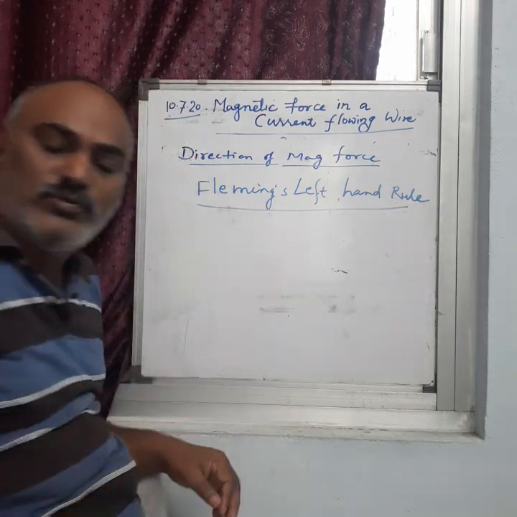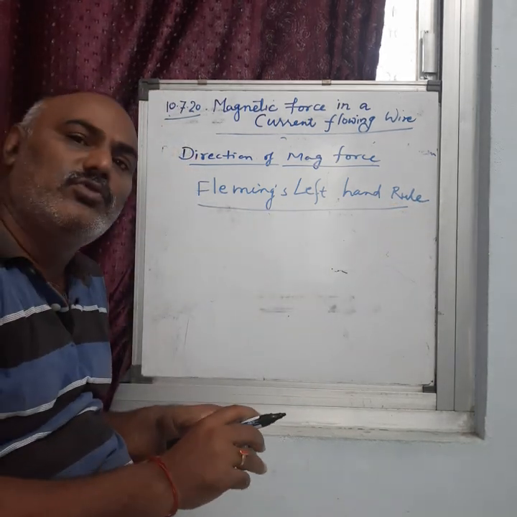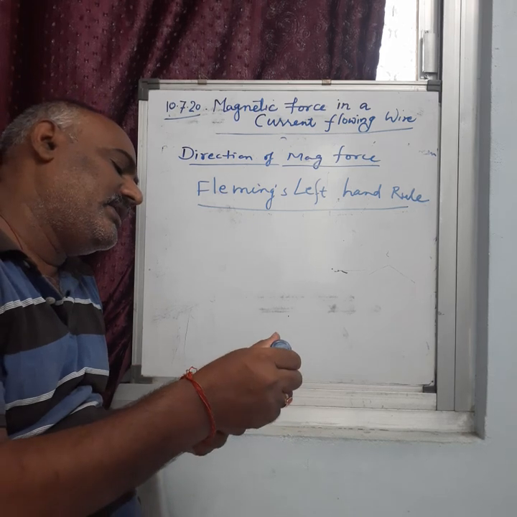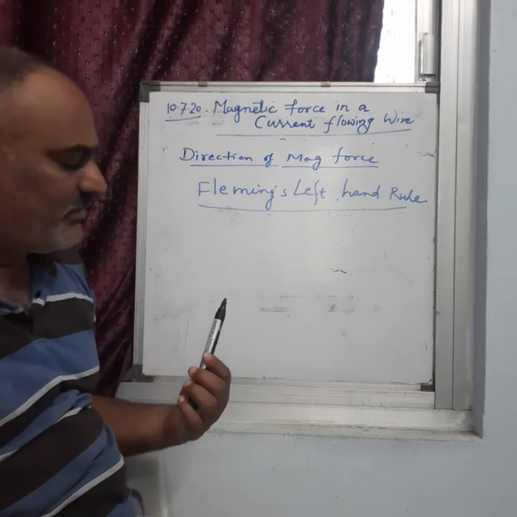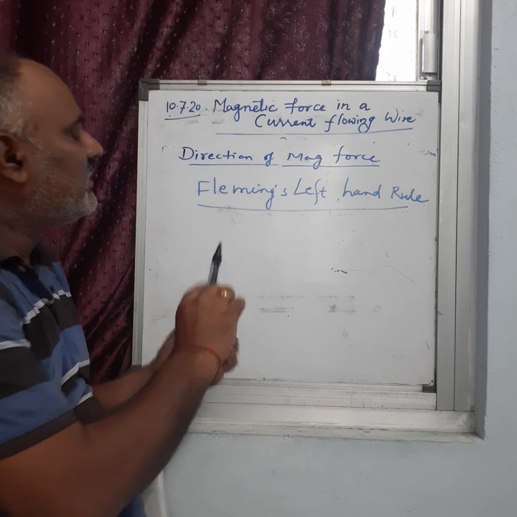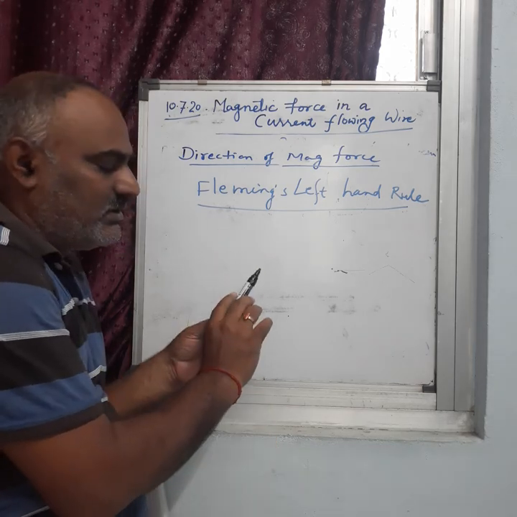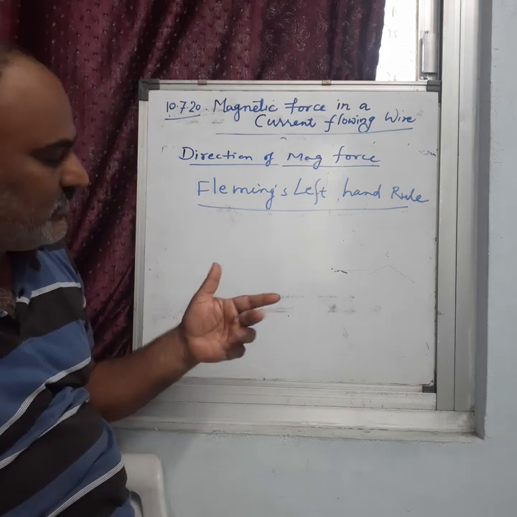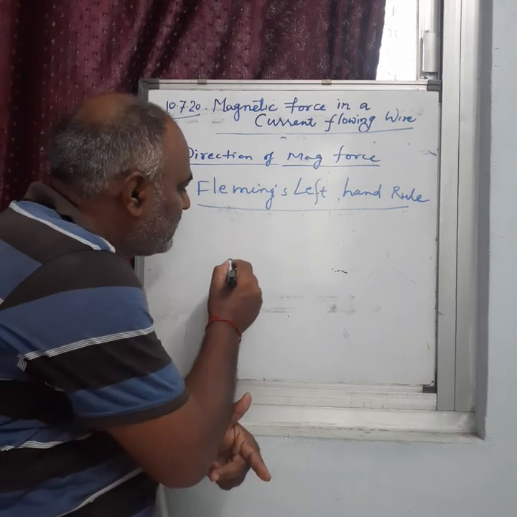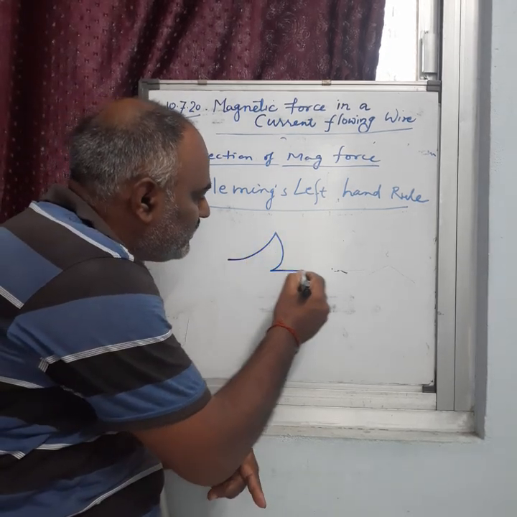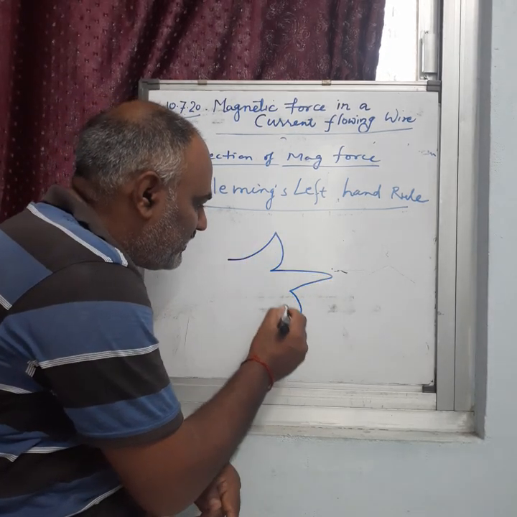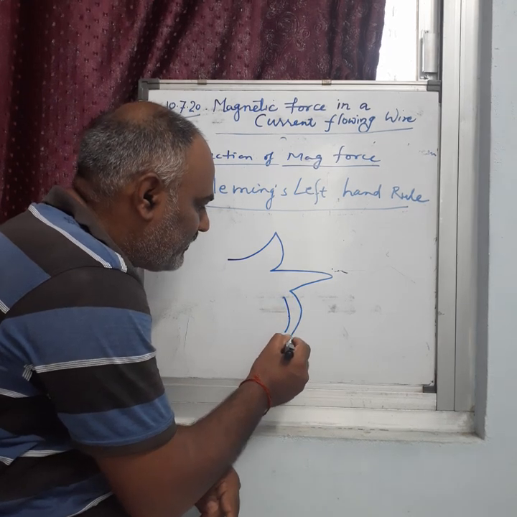Fleming's left hand rule. Fleming gave one well-known famous rule. According to that, you see here that this is a thumb, this is a forefinger, and this is a middle finger.